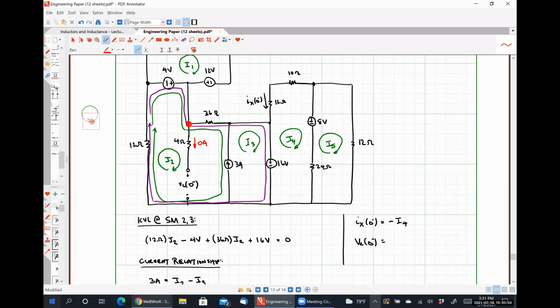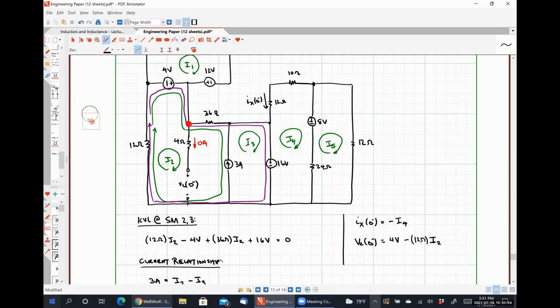Yes. All right. So what I'm going to say then is VC is the voltage drop over the 4 volt source minus this 12 ohm resistor on the left times I2.